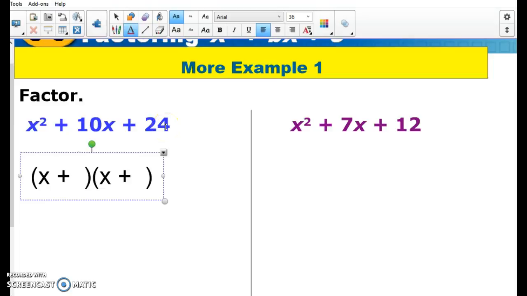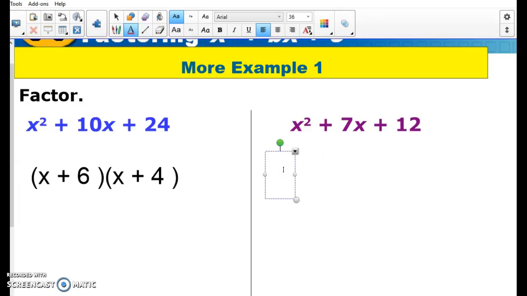And then I know I need to multiply two numbers so that when they multiply I get 24, and when I add them I get 10. So I'm going to try, let's say 12 and 2, well 12 times 2 is 24, and I add them, it's 14. So this would have to be a 6 and a 4. And then I can always check my work, go back and FOIL it again, and I would still get the same thing.